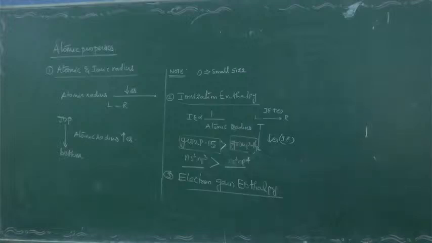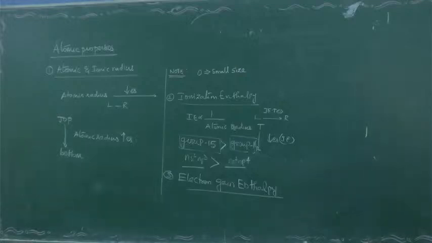If electron gain enthalpy is negative, what is the meaning of it? Is the affinity more or less? Affinity is more. Is it clear? If electron gain enthalpy is positive, what is the meaning? Affinity is less.